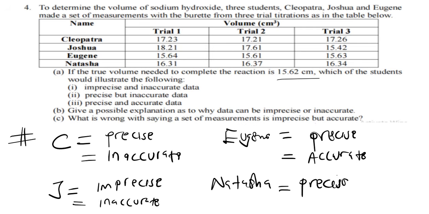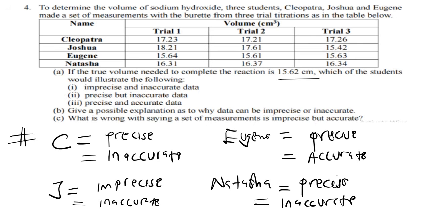But to comment on accuracy, she was not accurate. I'll just say inaccurate. So basically those are the figures that they have. So we've commented on precise but inaccurate data. We've done question number 1.